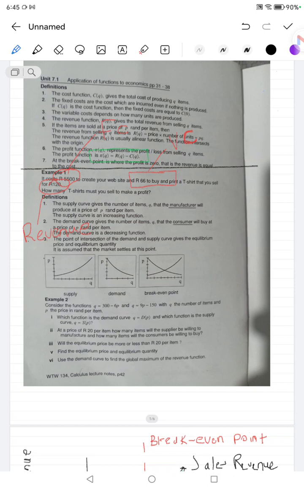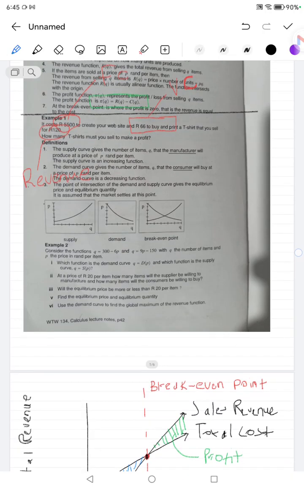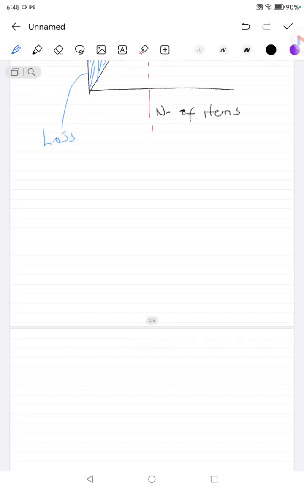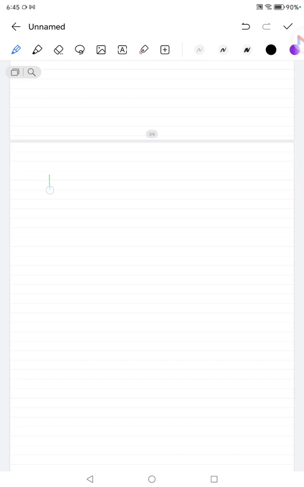That's the signage they use. So you have your revenue minus your cost. Revenue and sales are the same thing. It's your sales or revenue minus your cost, then you know how much profit you'll be making.